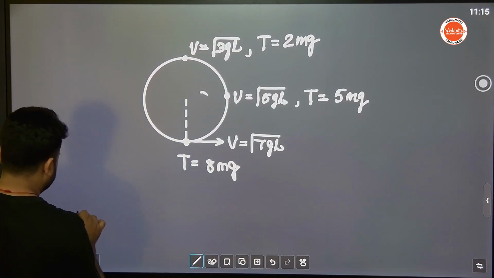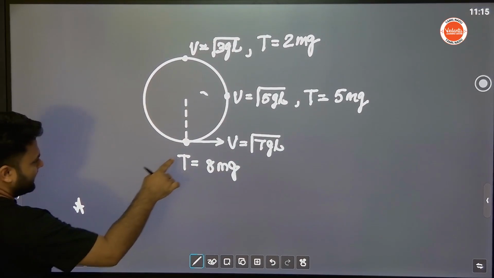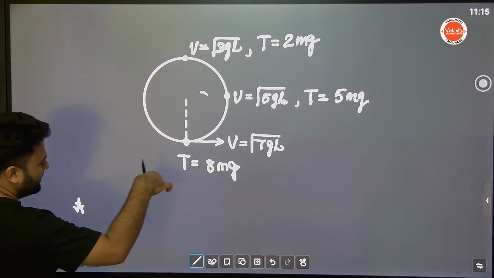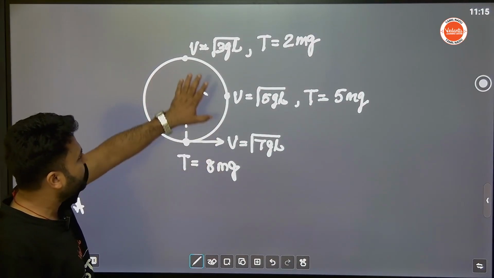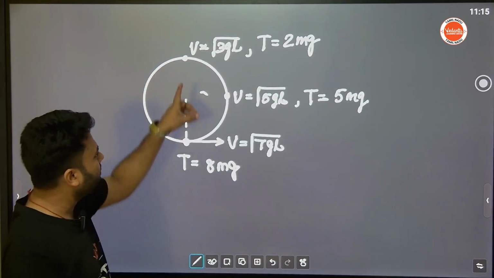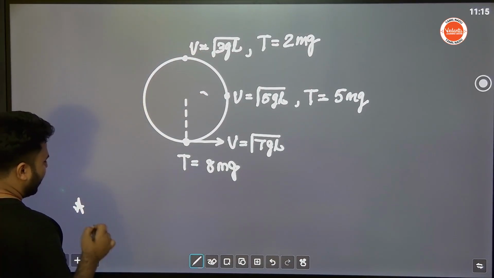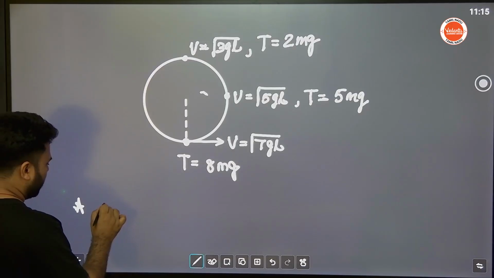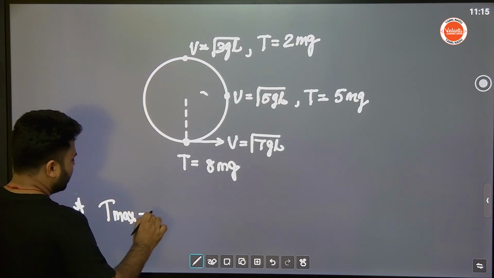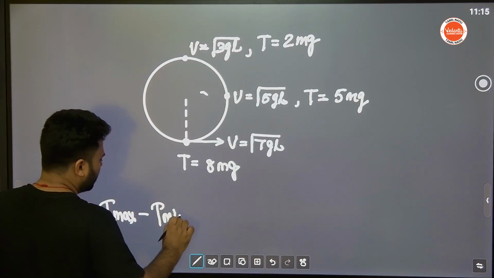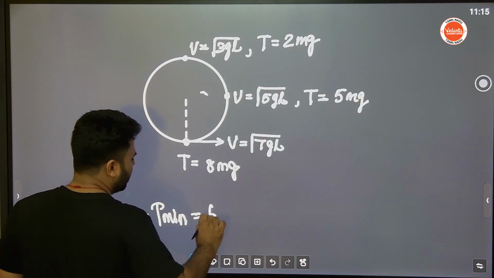One more thing, I told initially that the tension is maximum at the bottom, and tension is minimum at the topmost point. So if they ask what is the difference, always remember tension maximum minus tension minimum always comes 6 mg.